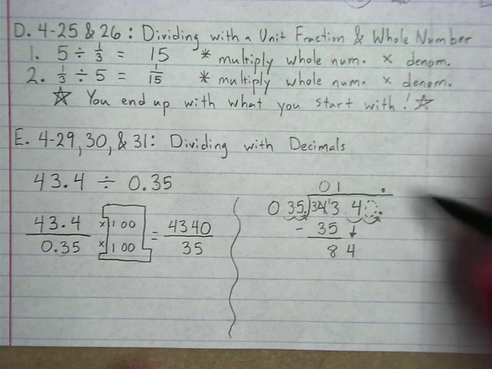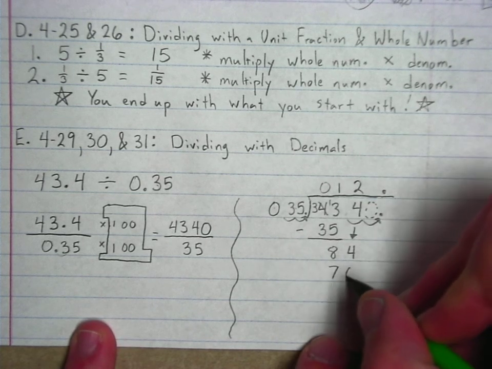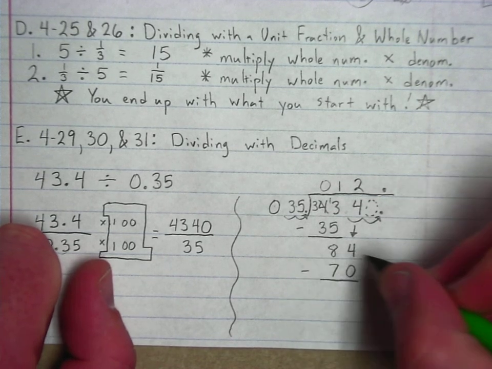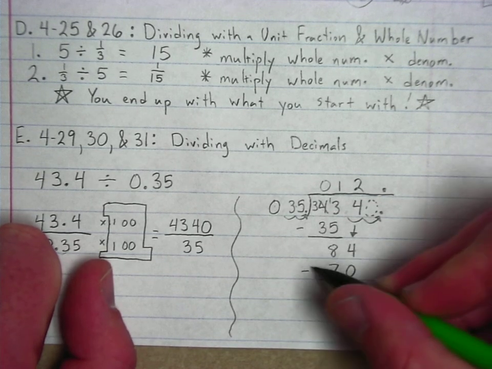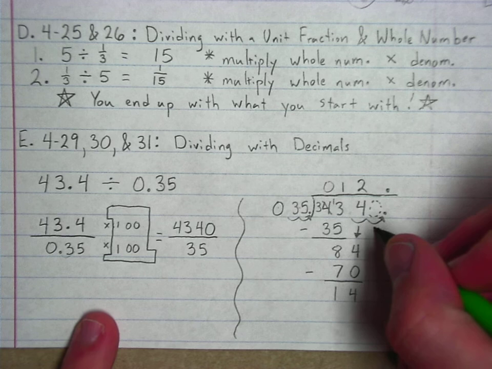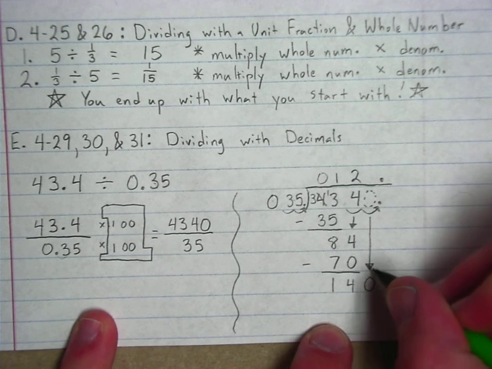35 is going to go into 84 about twice, because I know that 2 times 35 is 70, and that's pretty close. When I subtract those two, 4 minus 0, 8 minus 7, I get 14. Ugh. Smaller than 35, but double digits. I bring down that invisible 0.